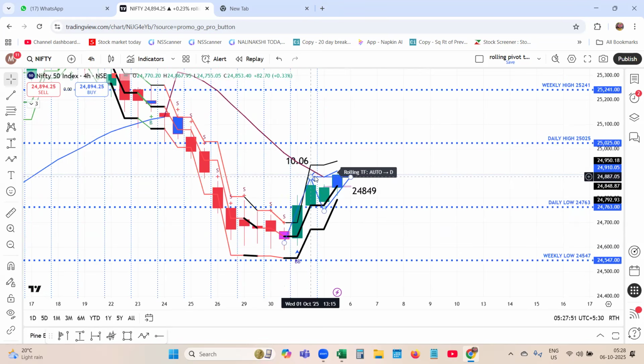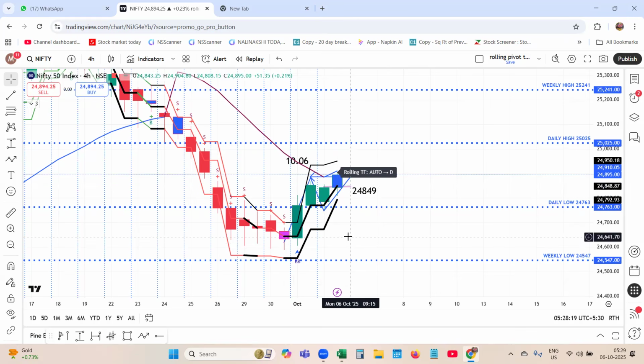Flip in the trend direction, it is showing that. So any up move will trigger the move towards 25,025. So friends, the market yesterday was a range. It has closed near the mid of the previous day. So it has closed here.